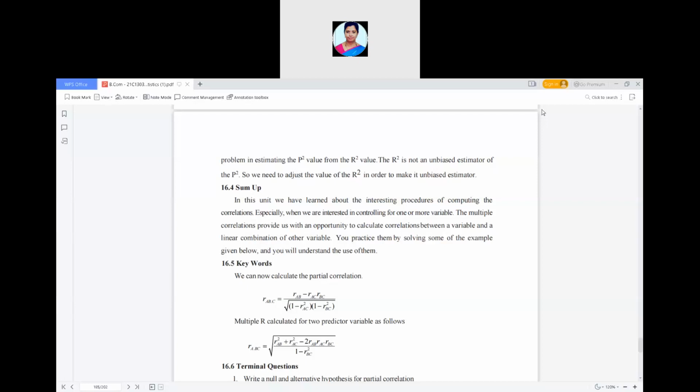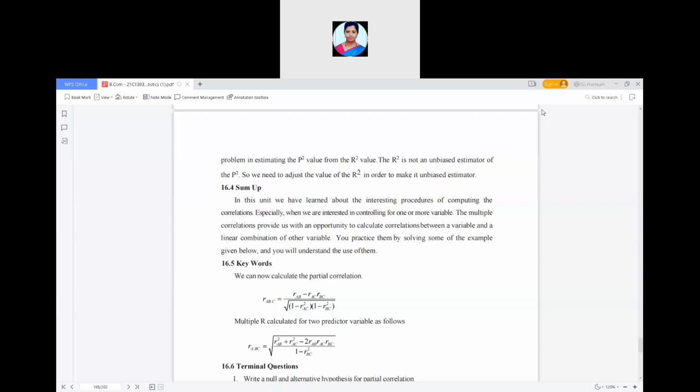Under the keywords we have the formulas for partial correlation as well as multiple correlation. RAB lead out of C is given by RAB minus RAC times RBC, divided by the square root of 1 minus RAC square into 1 minus RBC square.